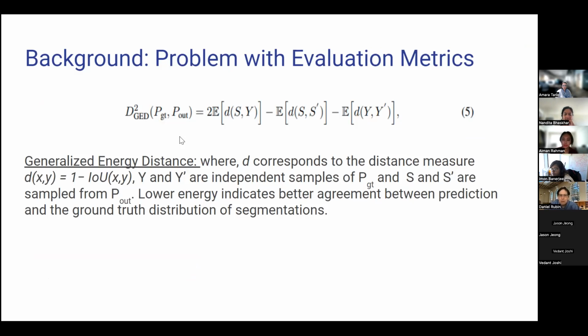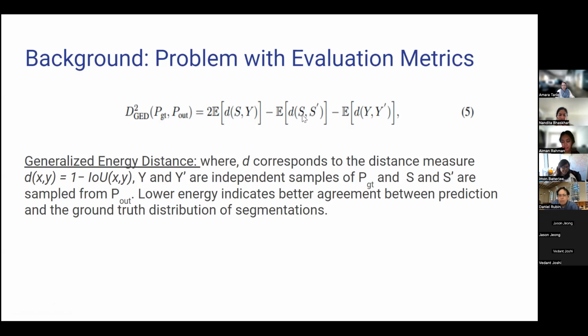And then there is an issue with evaluation metrics. In this kind of network, the way you evaluate is by seeing how the two distributions match, your ground truth distribution with your generated distribution, the segmentation masks that you just produced. So this is the generalized energy distance, where D is 1 minus IOU, S is your generated samples, and Y is your ground truth.